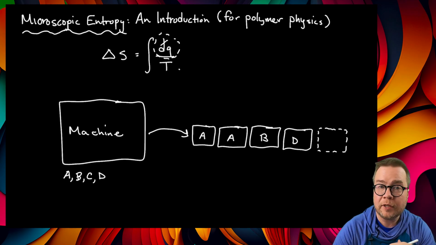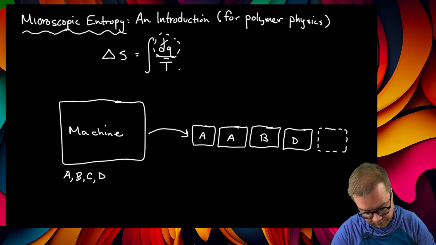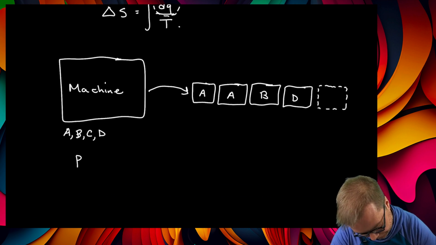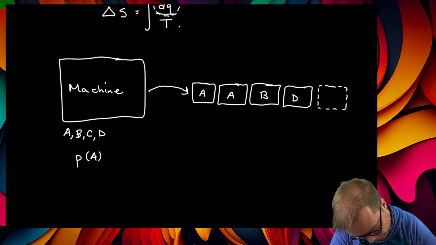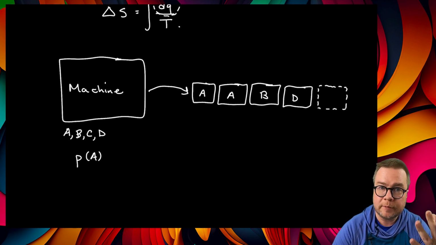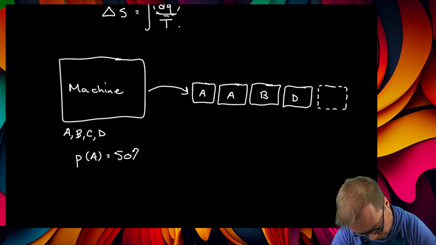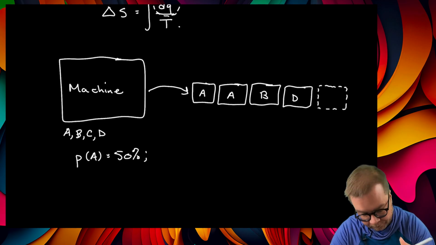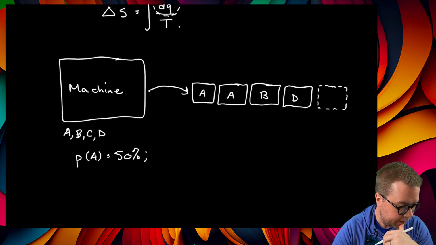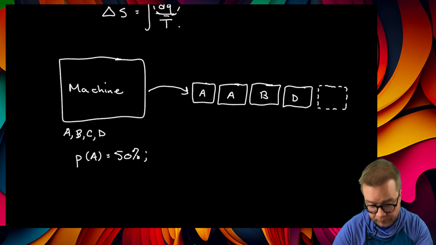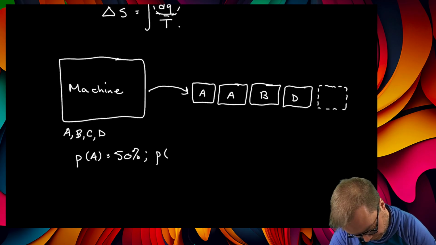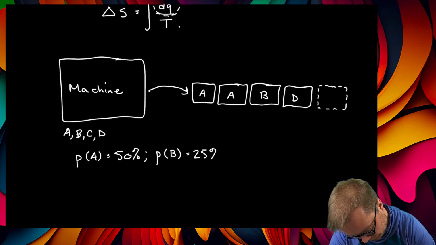As an example, let's specify those probabilities. Let's assume that the probability of A occurring is 50%. So we've got a 50% chance of our machine spitting out A, and a 25% chance that it spits out B.